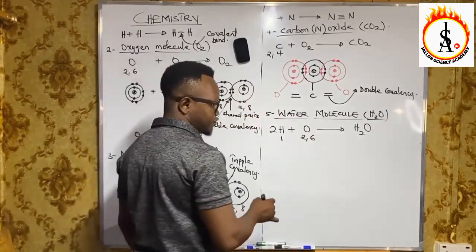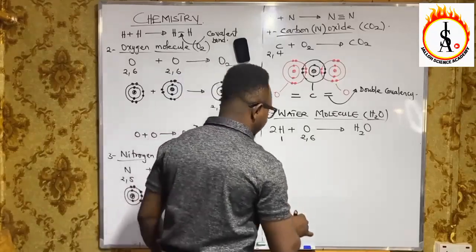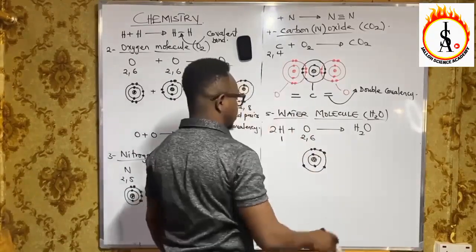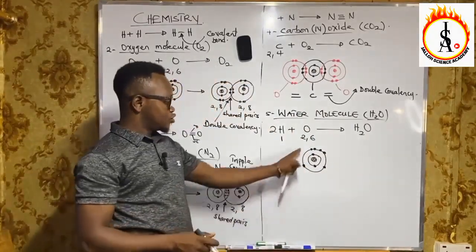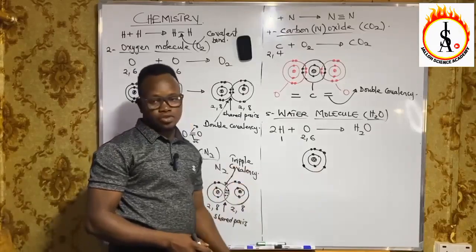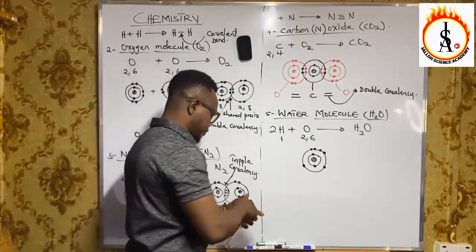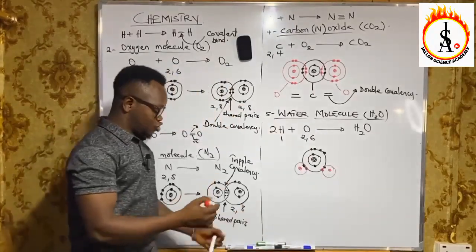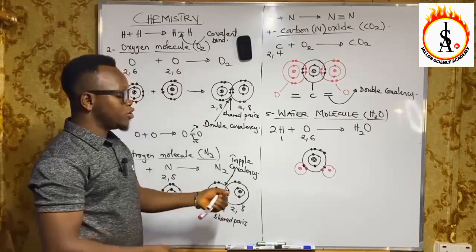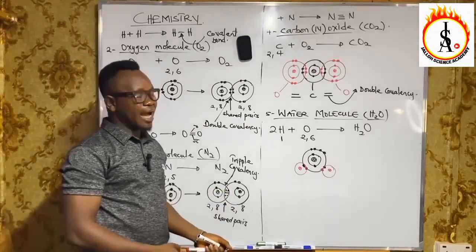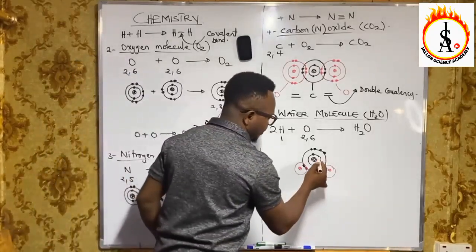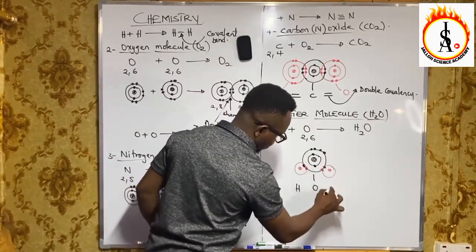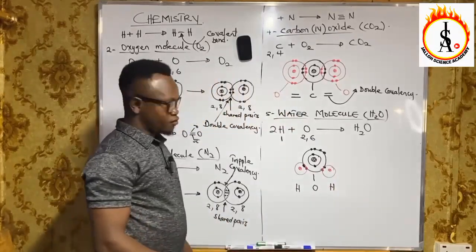So in this case, you have the oxygen atom like this, placed in the center. So the oxygen has 2 lone pairs and 2 unpaired electrons outside. So you have the 2 hydrogen atoms bonding to the oxygen atom. So here, this is the oxygen, this is hydrogen, and this is hydrogen.